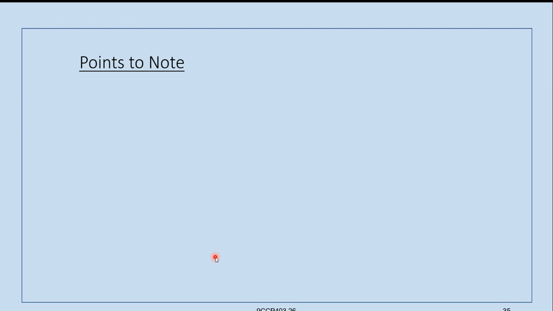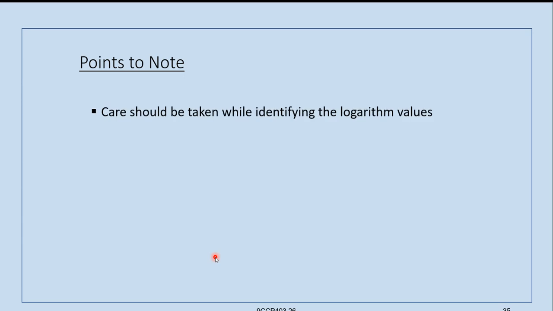So here we will see some important points that you have to remember well for calculating this geometric mean. First of all, care should be taken while identifying the logarithm values. This is very, very important because the logarithm table values are very close to each other.